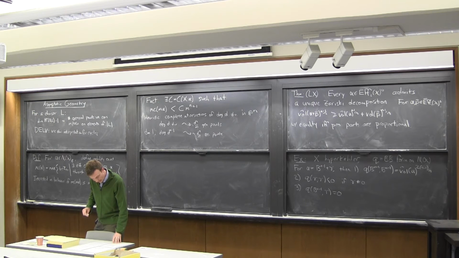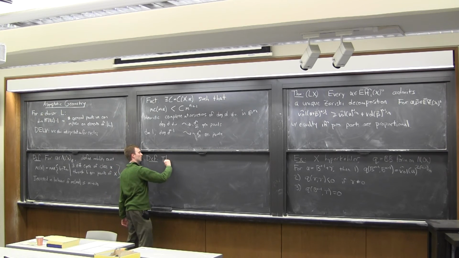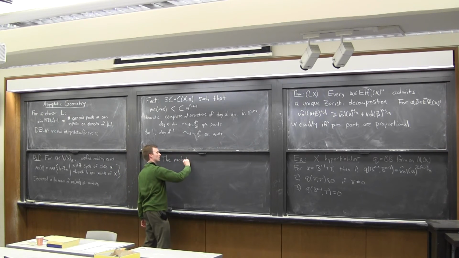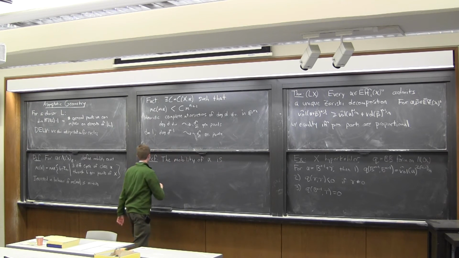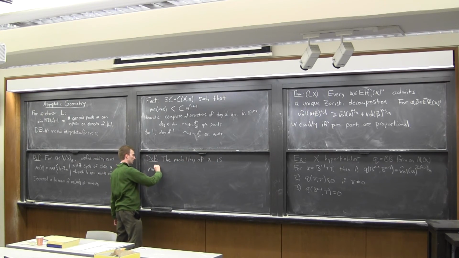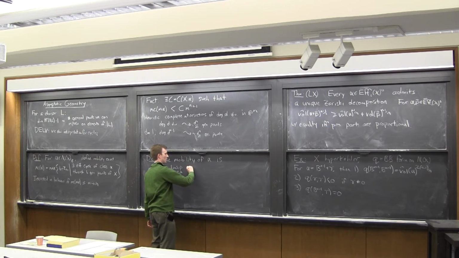So now let's capture the asymptotic rate of growth. The mobility of alpha is the analog of the volume. It's the lim sup, as m goes to infinity, of the mobility count of m times alpha.